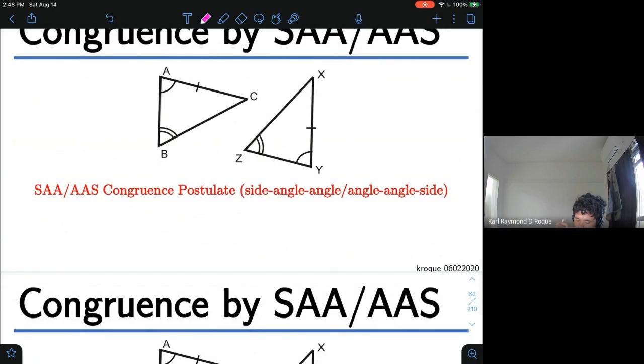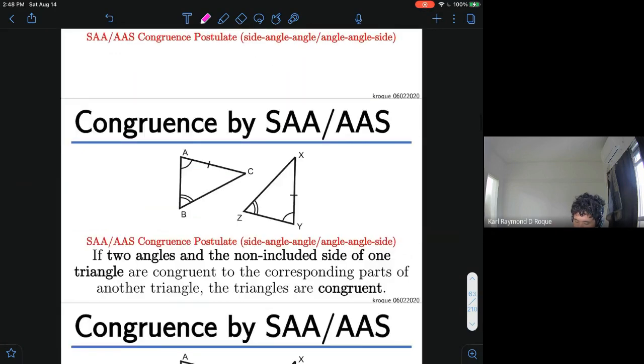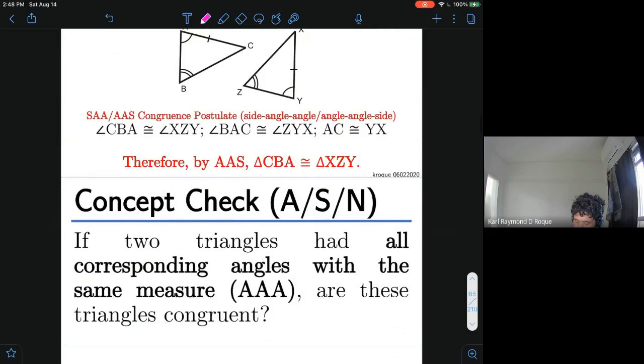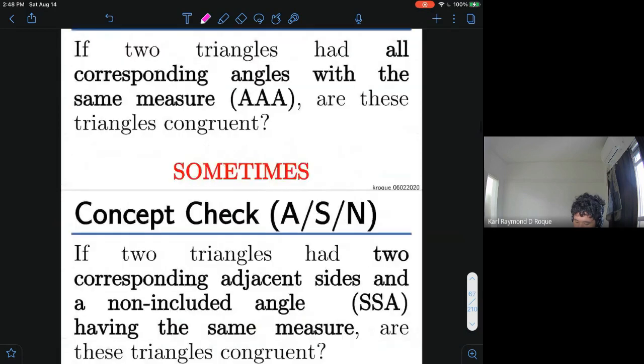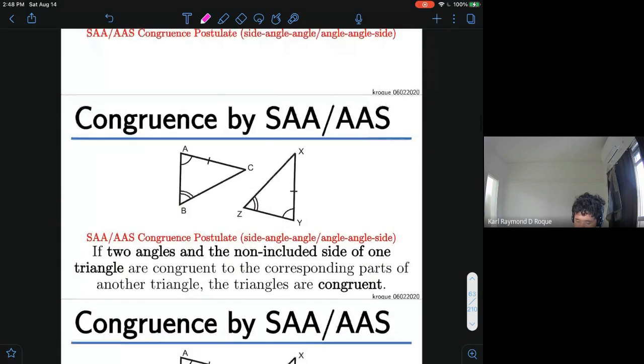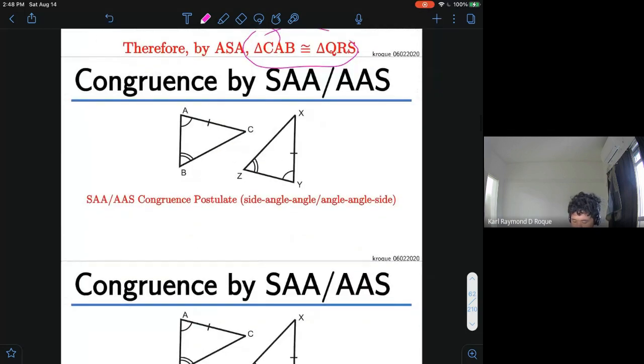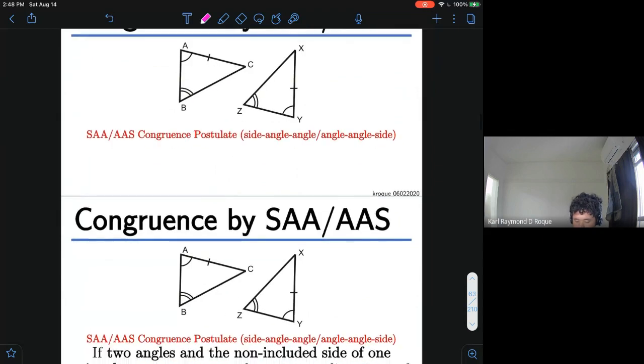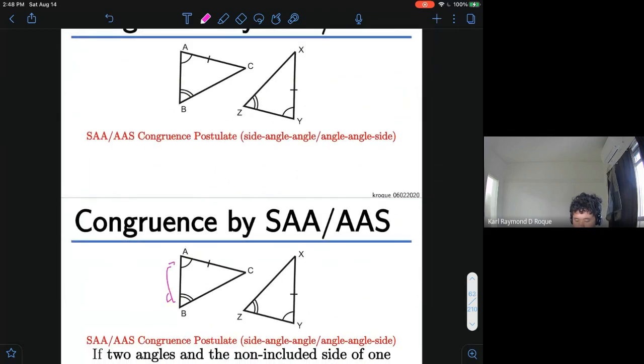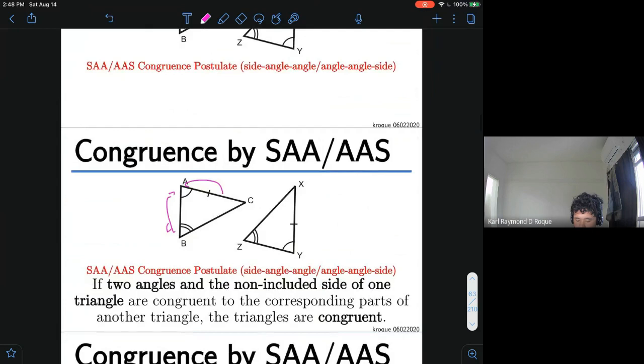Lastly, ito. SAA or AAS. Ang dami pala, no? Side angle angle, or angle, angle, side. So, magkasunod na angle, tapos yung susunod na side nila, if two angles in the non-included side, or kaya, ayun, so kung ano man yung hindi nasa gitna nila, if pareho sila ng measure lahat, congruent sila.